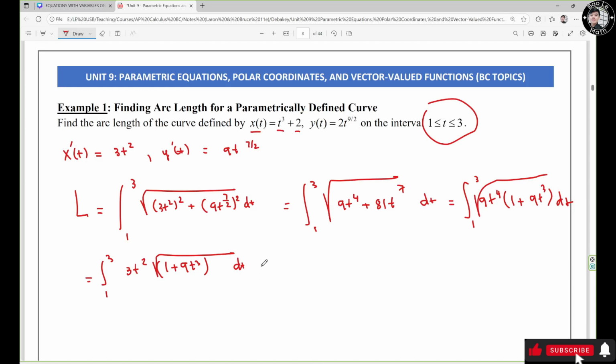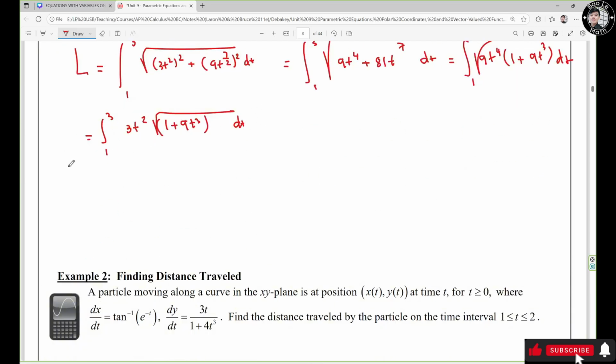Now I'm going to use u substitution to solve this. Let u be the square root of 1 plus 9t cubed. So I have u squared equals 1 plus 9t cubed. Taking the derivative of both sides, I have 2u du equals 27t squared dt.